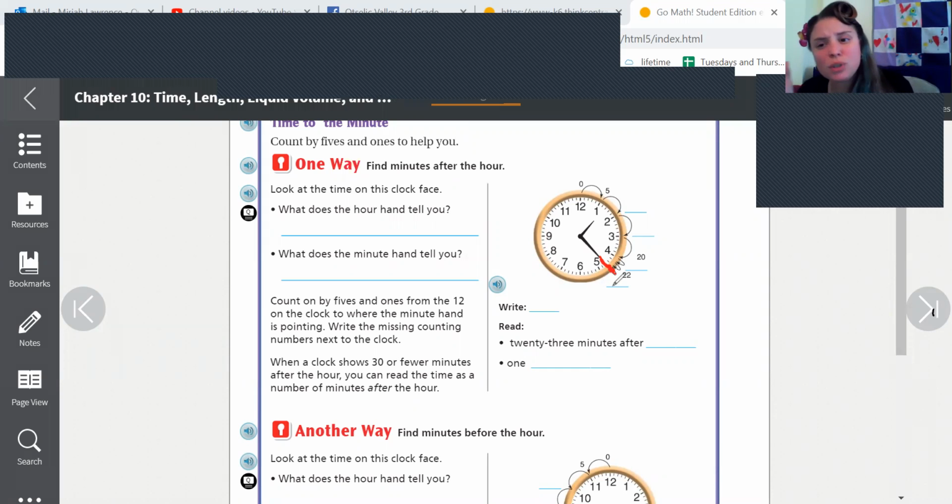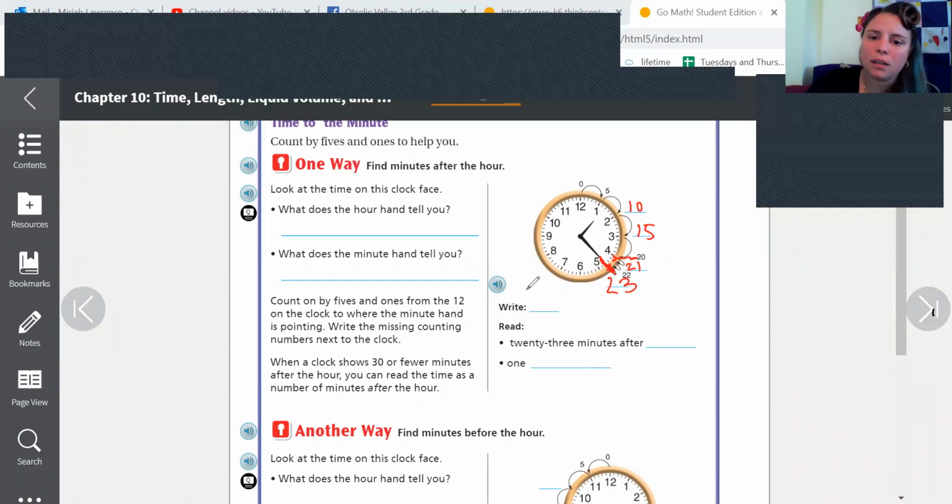I know it seems confusing, but you guys already do this. All right, so if we look at this one, we'll count by fives. 5, 10, 15, 20. And then, so this is 20 here. We have to count the little hash marks. 1, 2, 3. So it's 21, 22, and 23. So if we're going to write this, it's going to be 23 for the minutes.